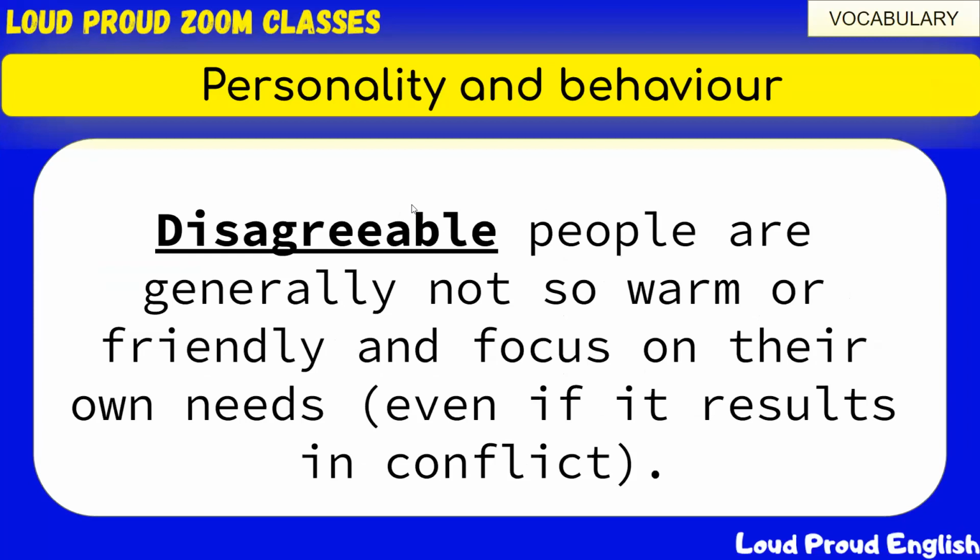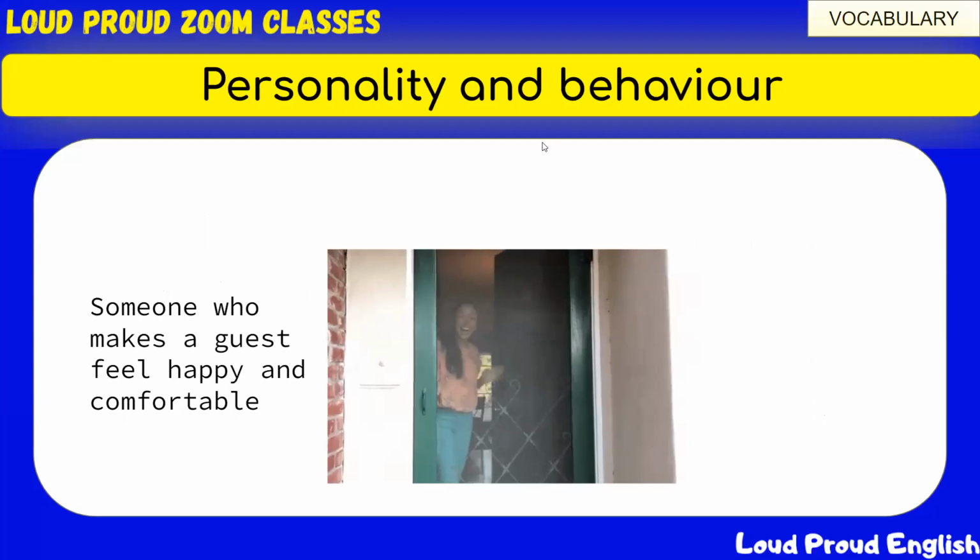So sometimes people will feel disagreeable people are a little bit unfriendly. Maybe they are not bad people, but they just are not so worried about everyone feeling comfortable. So they feel it's okay to challenge other people sometimes. So we have agreeable and disagreeable people.